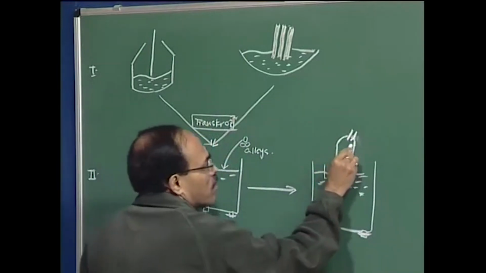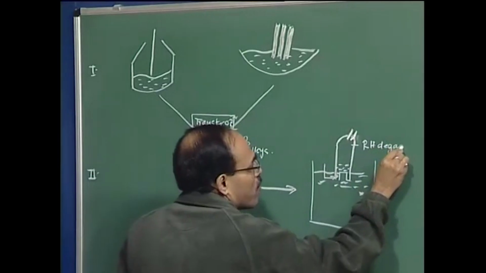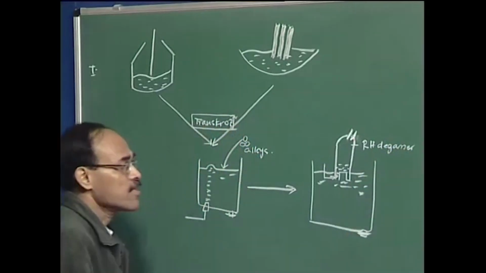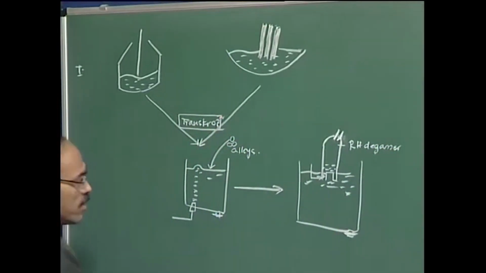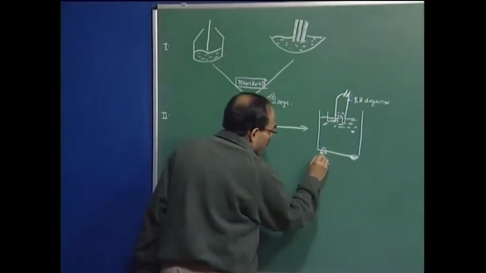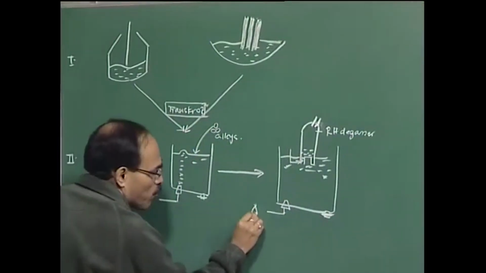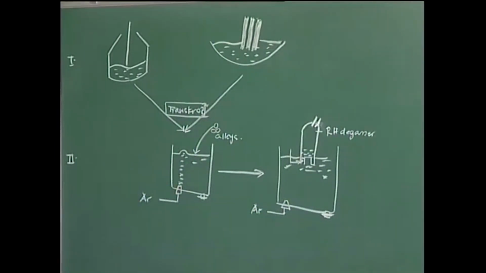This is an RH degasser. We will study this later on. The purpose of this is to eliminate gases, and we can still have argon gas marching. A variety of processes we will discuss.